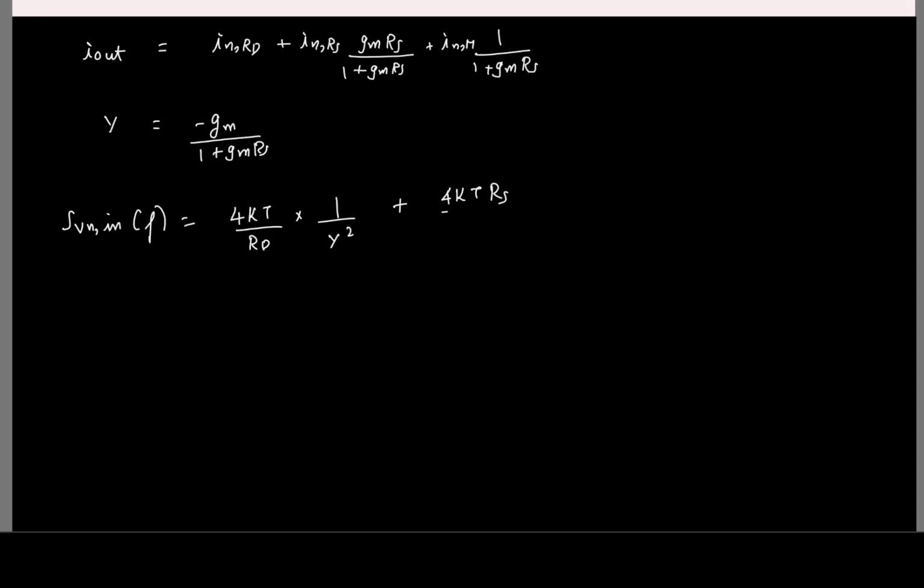And last, due to the transistor, I have 4 kT gamma gm into this term square divided by this squared. Okay. So I'll basically have, let me write it maybe, GMR square. Right. So this simplifies to, I'll write it quickly.